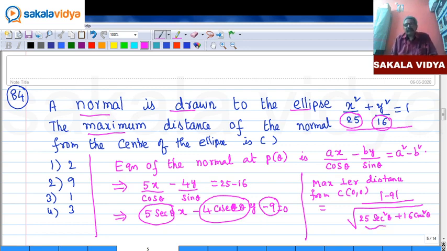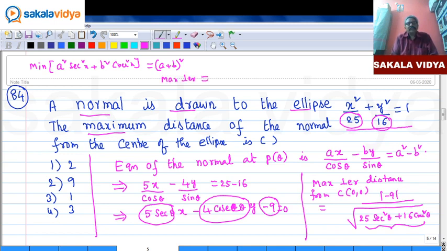Already we have discussed. See the minimum value of this one. So I will write here the minimum of a square secant square x plus b square cosecant square x. Already one of the problems we have discussed, it is equal to a plus b whole square. So here we get maximum perpendicular distance equals 9 divided by root of a plus b whole square.